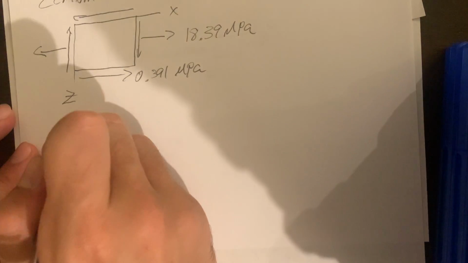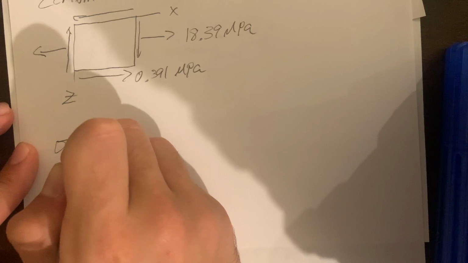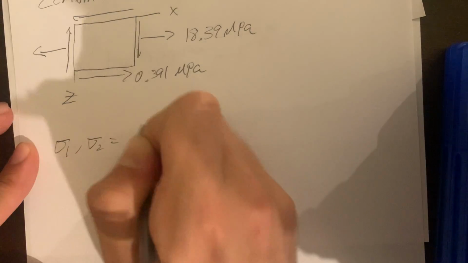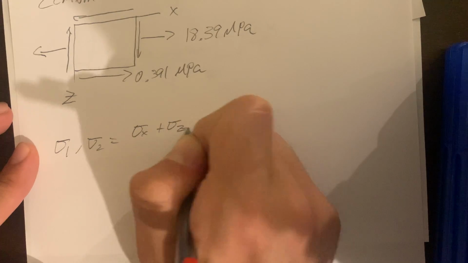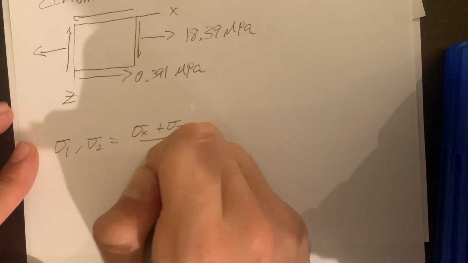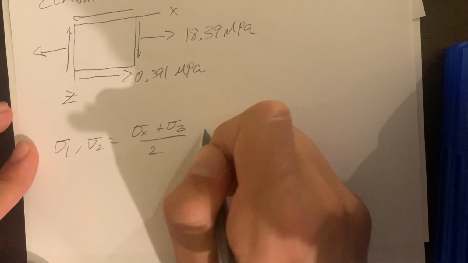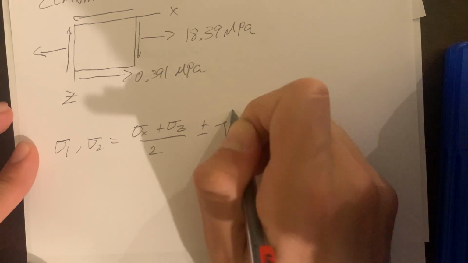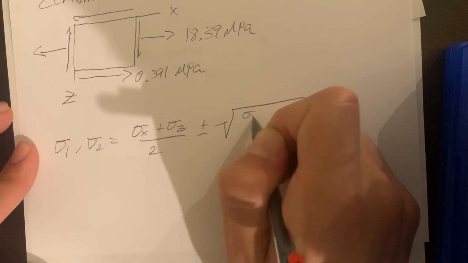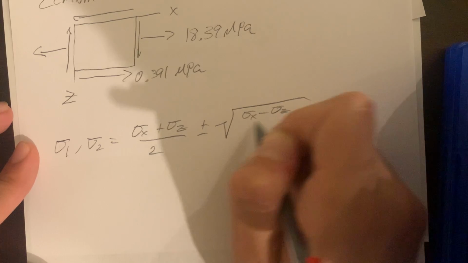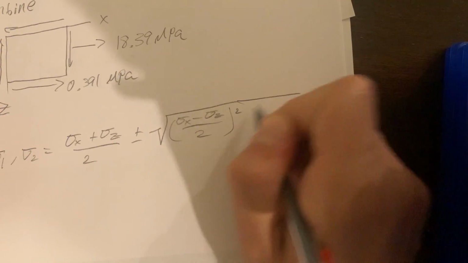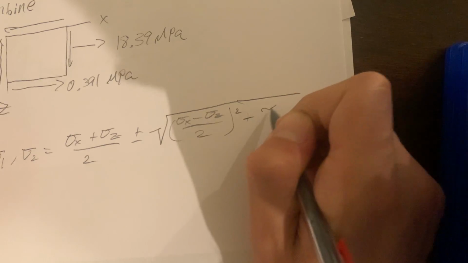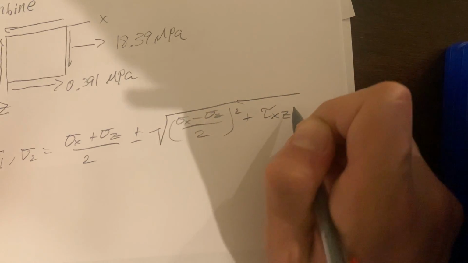And now we just solve using these equations. Sigma 2 equals sigma x plus sigma z over 2, in this case, since we're working in this direction, this plane, and then plus or minus the square root of sigma x minus sigma z over 2 squared plus tau xz in this case squared.